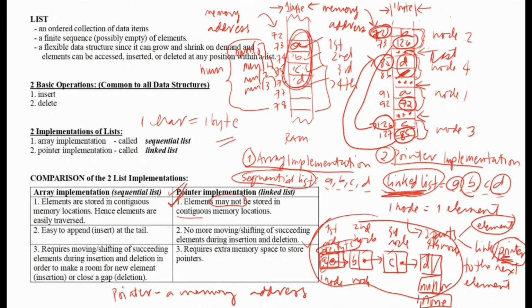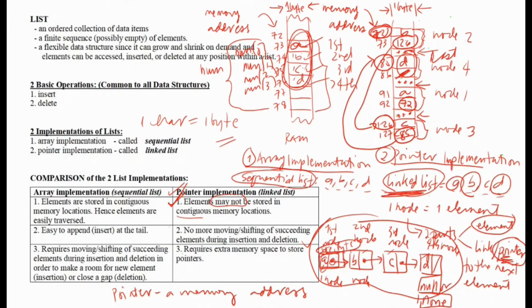So take note that for the pointer implementation of a linked list, the elements may not be stored in contiguous memory locations. As you can find here, at memory location 91, you have the first element A, and the second element is B, which is at address 72. And the next element after B, the third one, is at memory address 126.